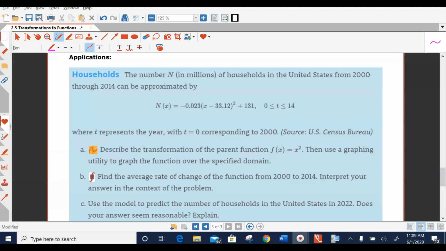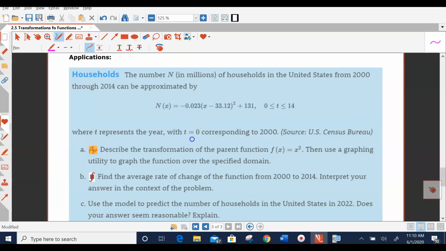This equation can approximate the number of households by n of x is equal to negative 0.023 times (x minus 33.12) squared plus 131. And this model can be used from the values of t equals 0 to 14. That means this model only works from the year 2000 to the year 2014.